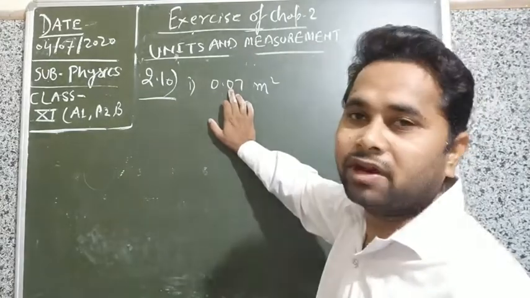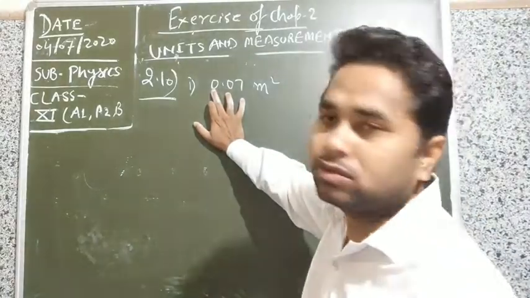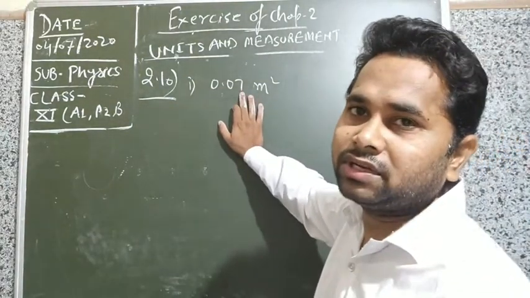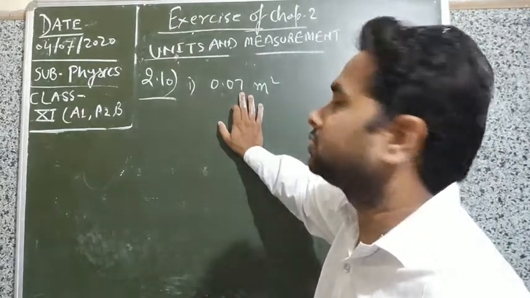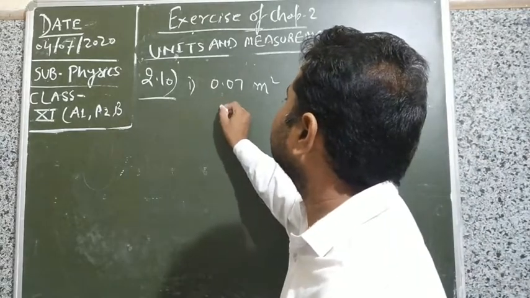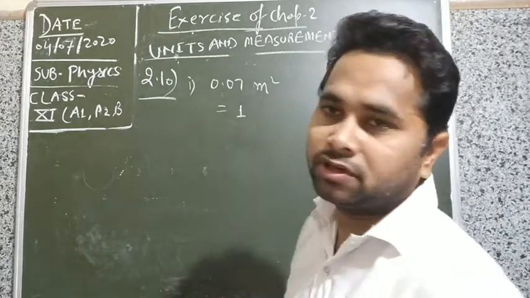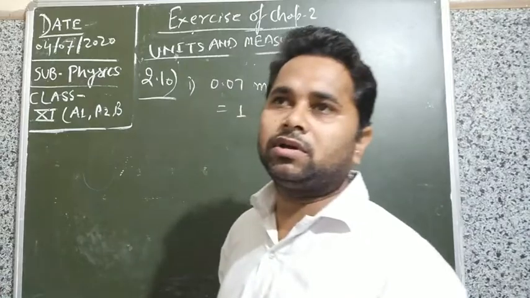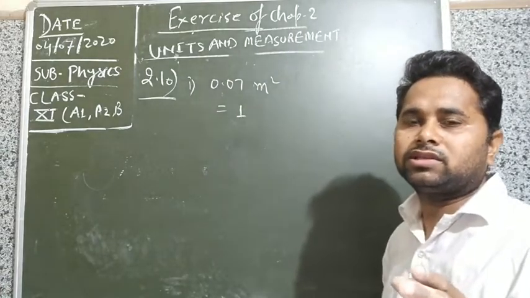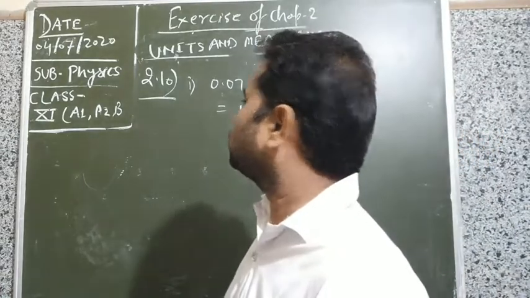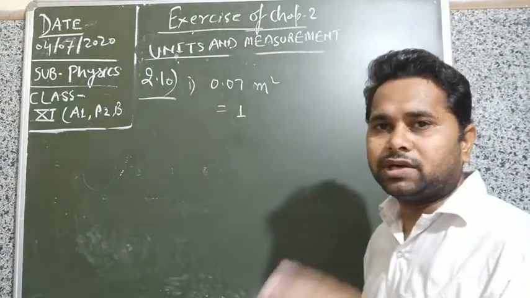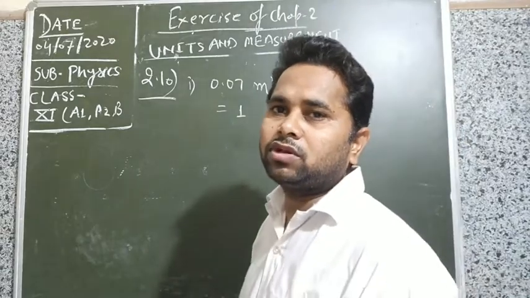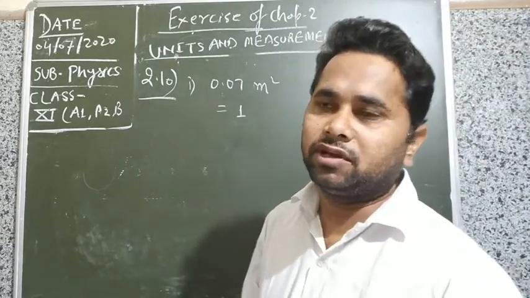Means ये significant figure count नहीं होगा, and this is also not a significant figure. So only 7 is the digit which is significant. So it has one significant figure only. See the rules which we discussed one day before, yesterday, about getting the significant figures.